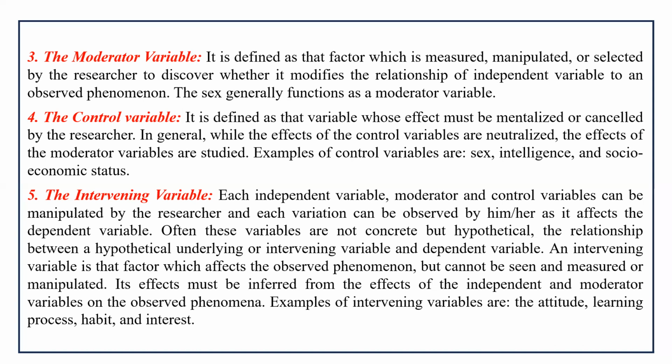Here scientists summarize the relationship between the independent variable and dependent variable in a particular circumstance or situation. Common examples of intervening variables are gravity, thrust, learning, and intelligence.